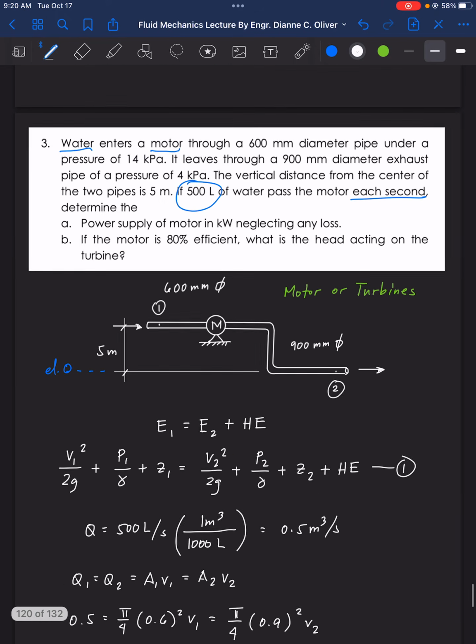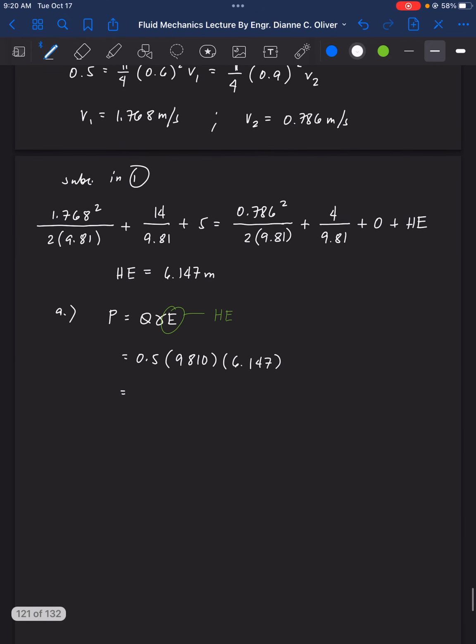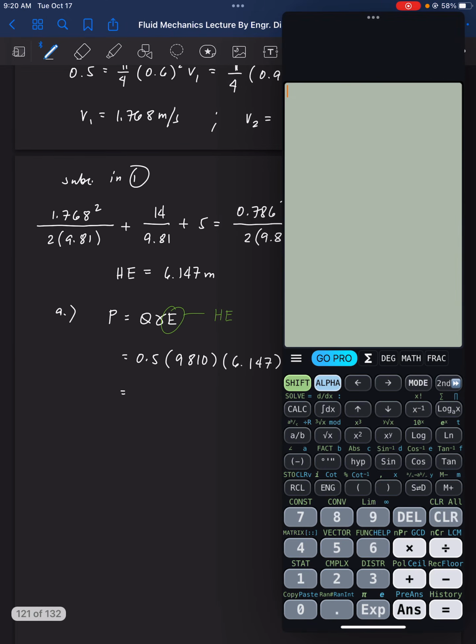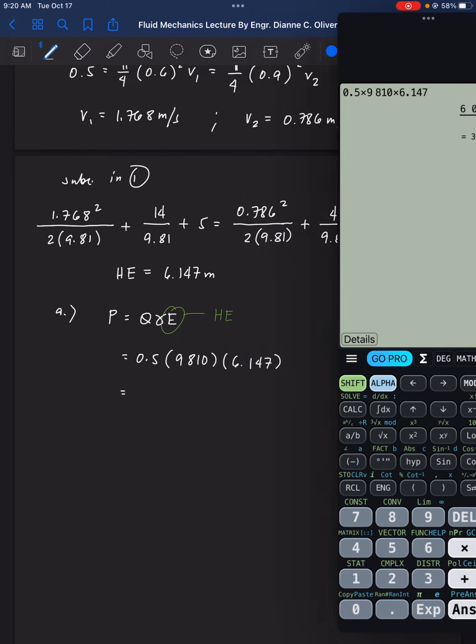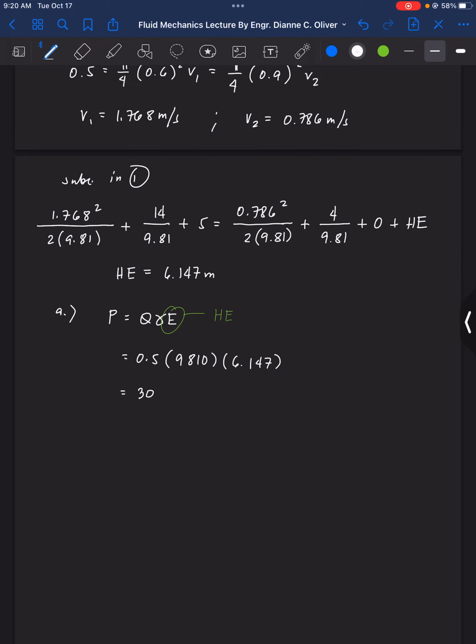So power, not yet. Is it in watts? In kilowatt. So 0.5 times 9810 times 6.147. That is 30,151.035, and that is in watts.